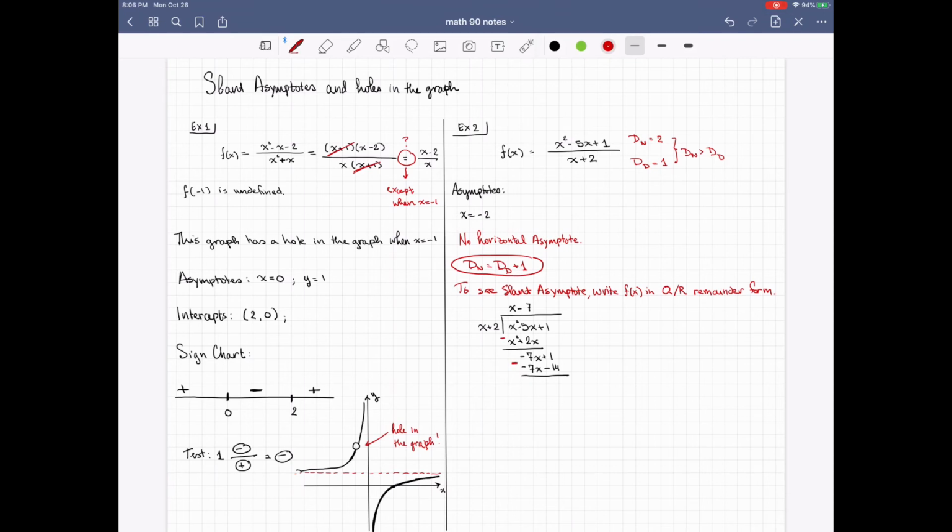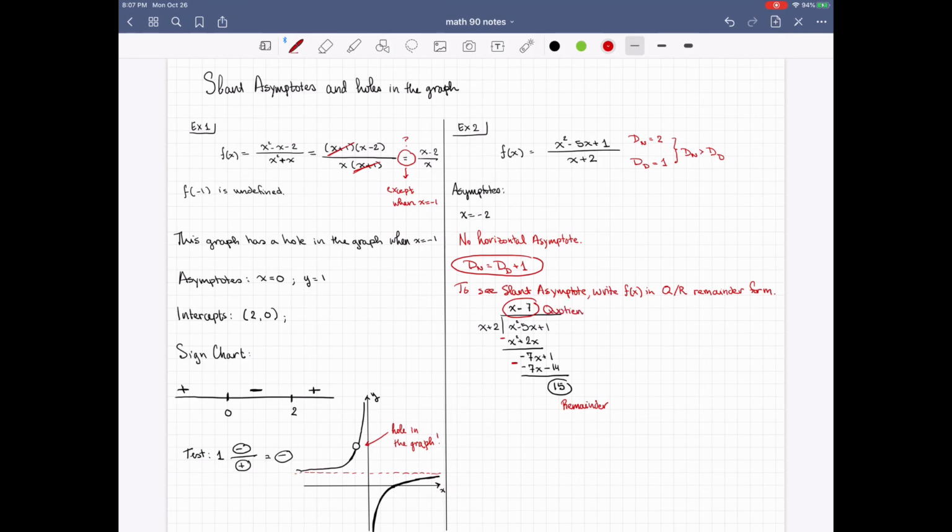And then with the subtraction, the negative 7x's cancel, and we have negative 14 being subtracted, so it'll actually turn into a sum. And so our remainder here is 15. There's nothing left to bring down. So this is our remainder, and this is our quotient.